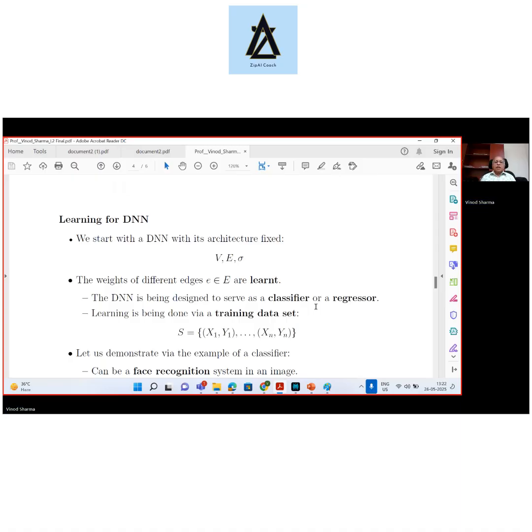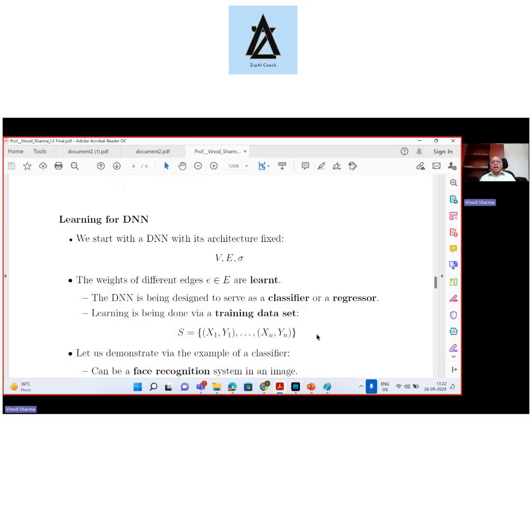Initially you have a training data set, X1, Y1 to Xn, Yn. We call this the overall training sample. Xi are the observations. For example, in a face recognition problem in an image, X will be the image, and the corresponding Y is the name of the person.